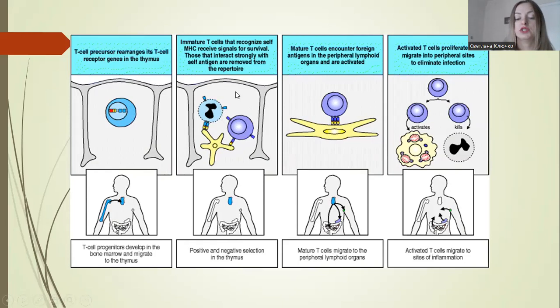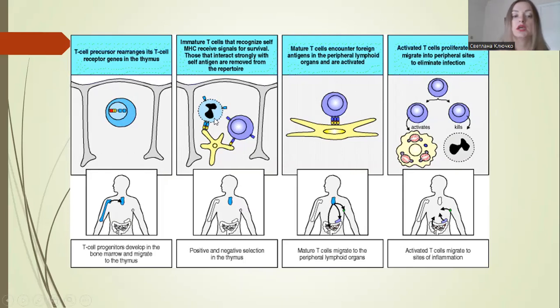So, T cells that react with self-MHC, this is major histocompatibility complex type 1, must be phagocytosed by macrophages and eliminated. Mature T cells encounter foreign antigens in the peripheral lymphoid organs and are activated. Activated T cells proliferate and migrate into peripheral sites to eliminate infections.